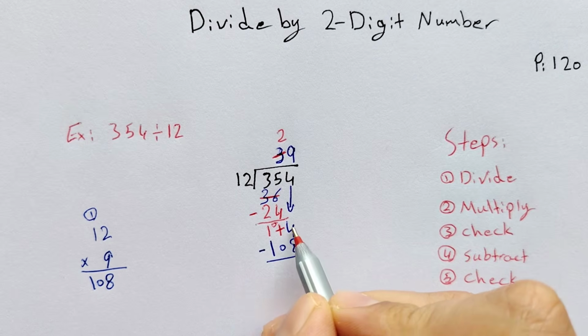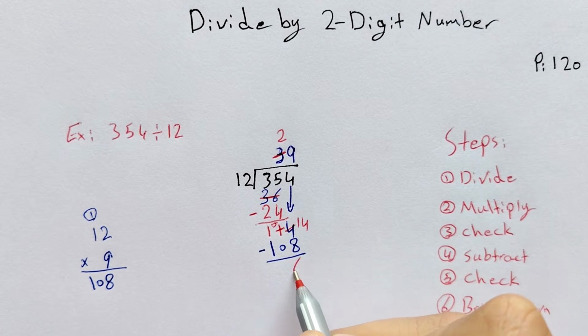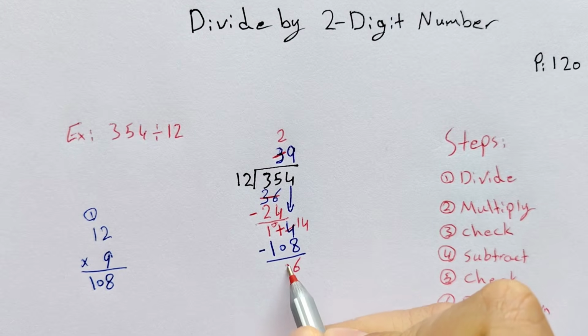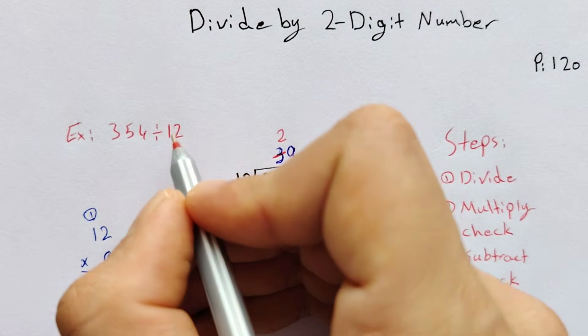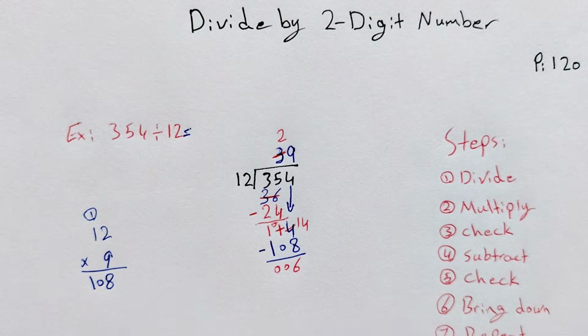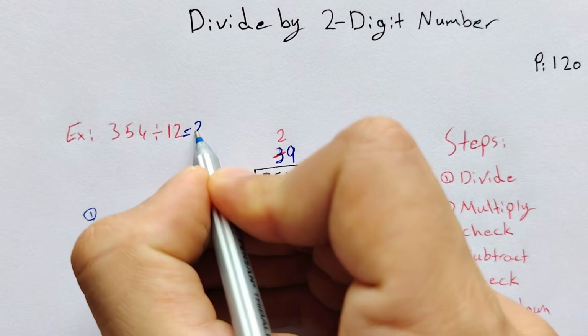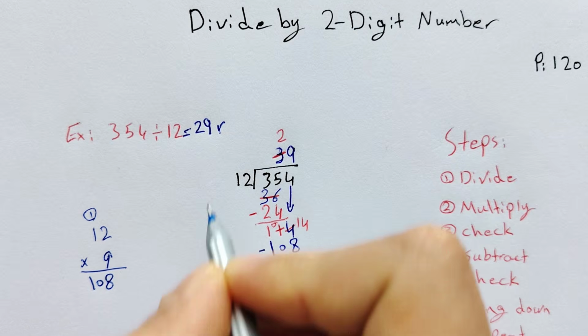This one will be 0 and this one will be 14. 14 minus 8 is 6. 0 minus 0 is 0. 1 minus 1 is 0. So our quotient, let me write it here: 354 divided by 12 is 29, and our remainder is 6.